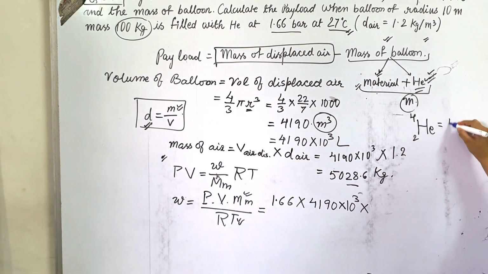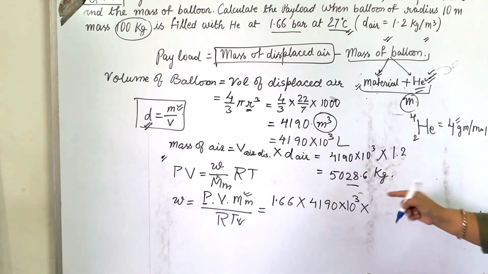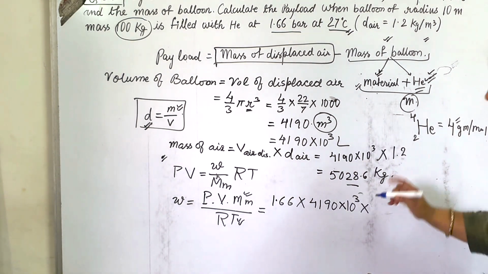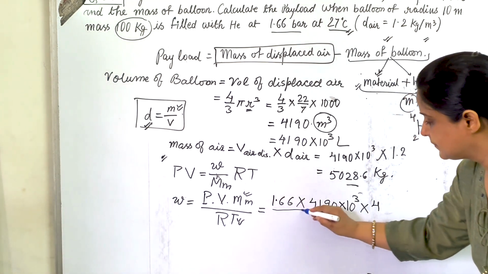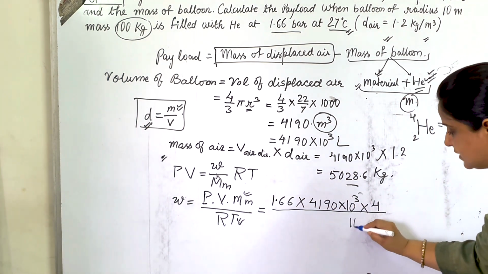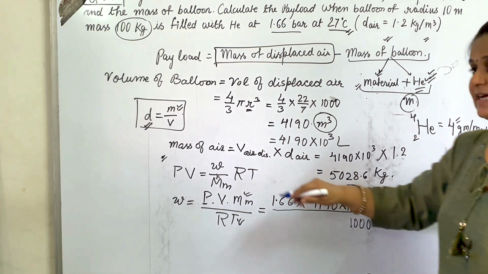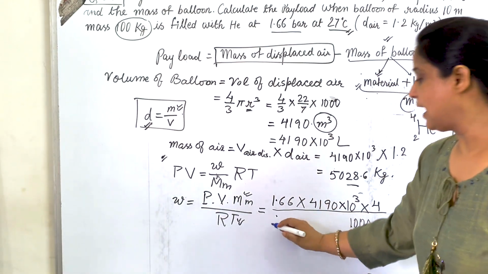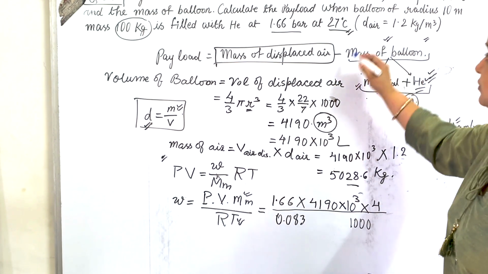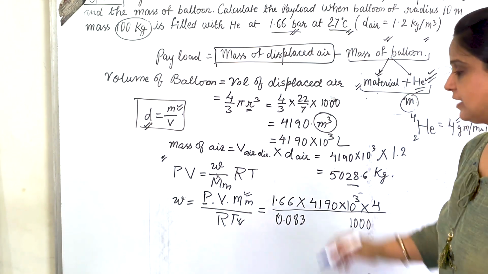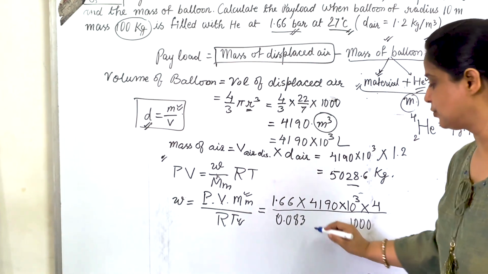So the molar mass is 4 grams per mole, but we are calculating here in kilograms, so I will convert 4 gram into kilograms: 4 divided by 1000. Now the next thing is R. R is 0.083, as you are taking the pressure in bars, so the value of R will be 0.083.